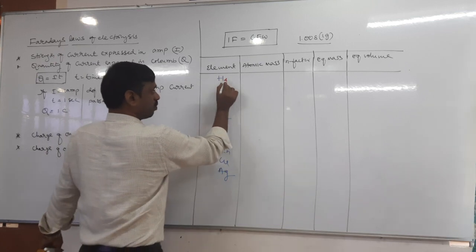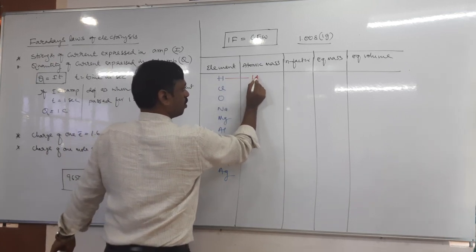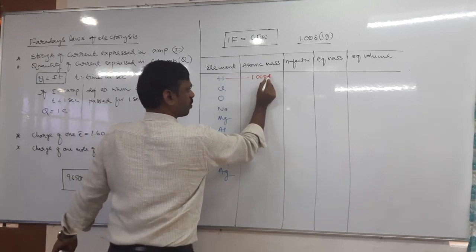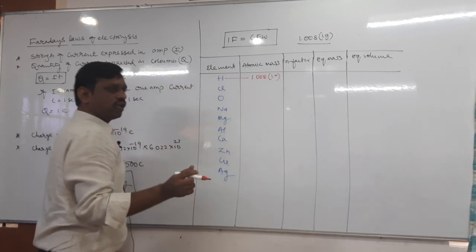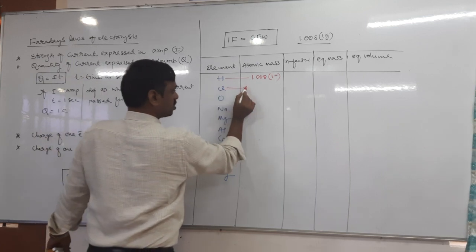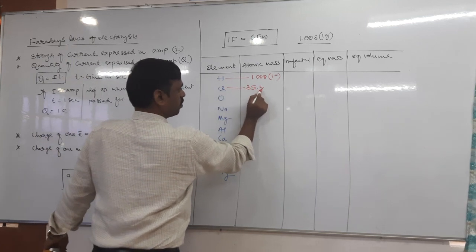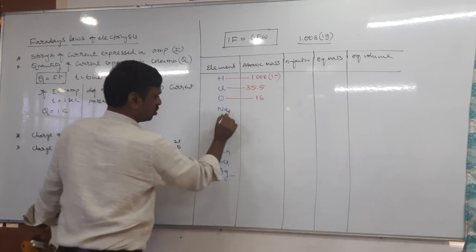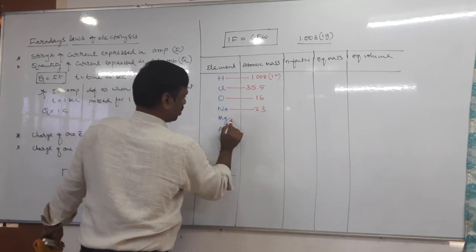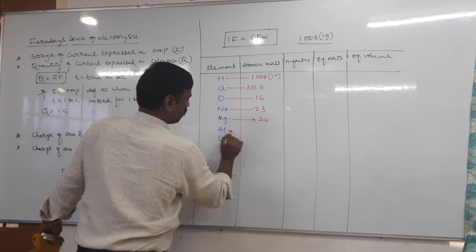So what is the atomic mass of hydrogen? 1.008. You can take approximately 1 gram. Chlorine atomic mass is 35.5. Oxygen is 16. Sodium is 23. Magnesium 24.